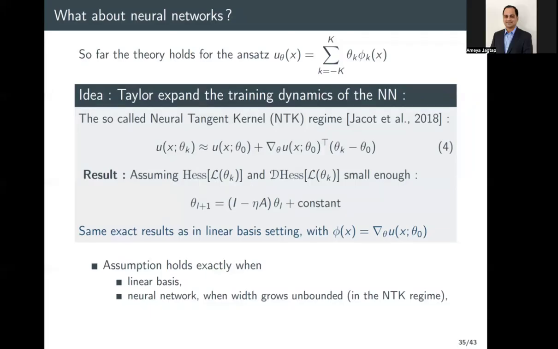I have one quick question. You started with a linear basis, right? If you see this ansatz, you can still write a general feed-forward neural network in the same way. The only thing is your linear basis will become an adaptive basis, and your theta k is basically the weights in the final layer.